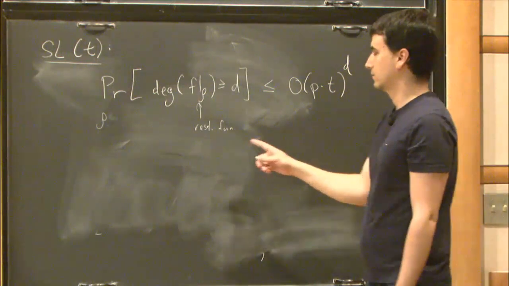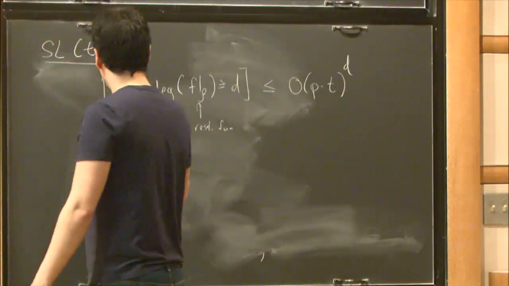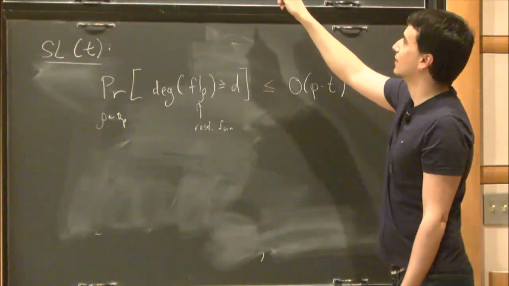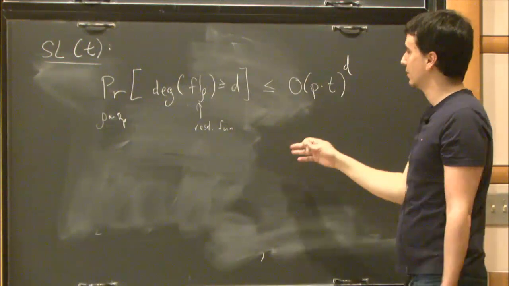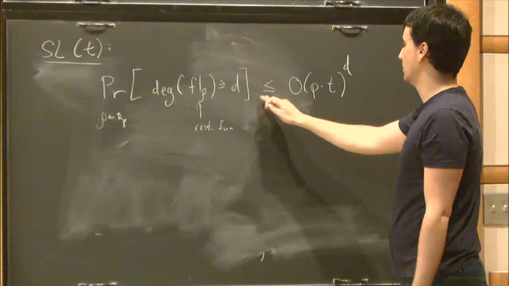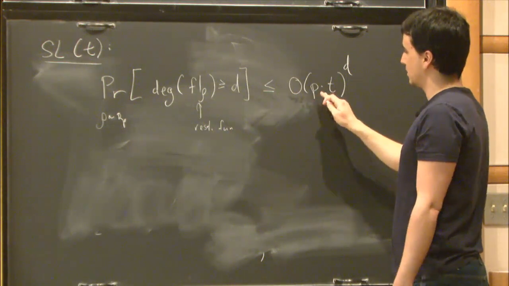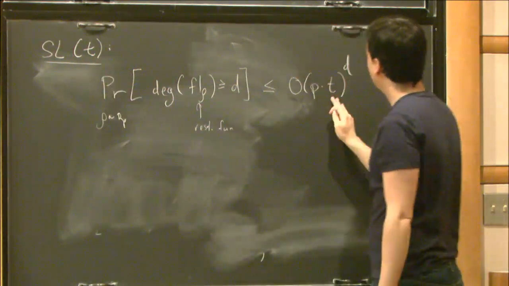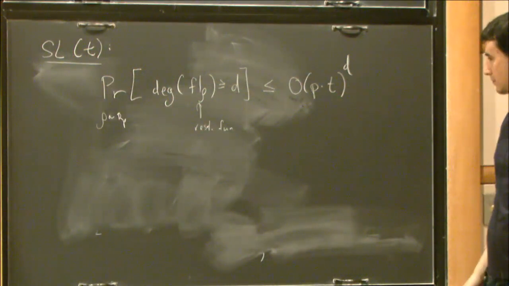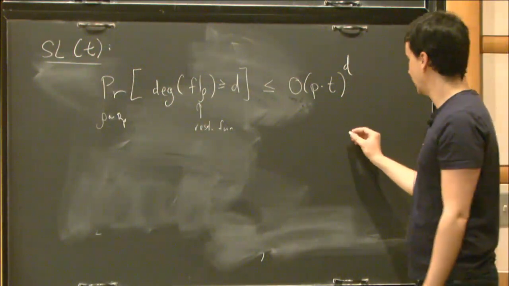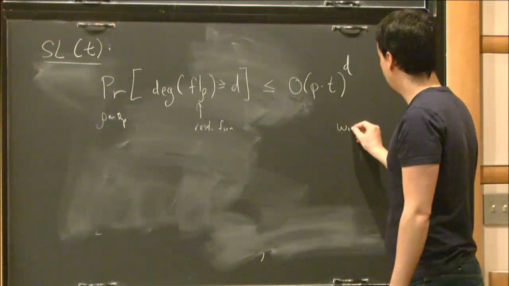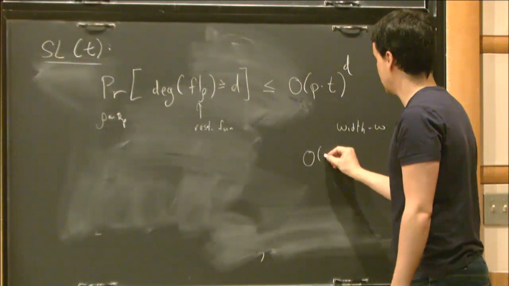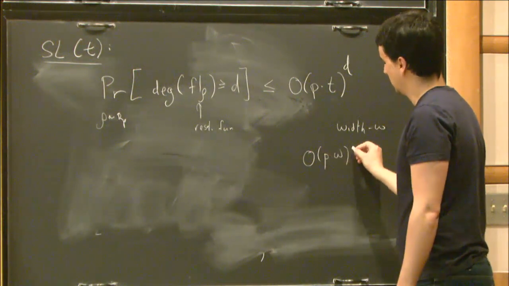Okay, so this is with parameter p. The parameter p tells you how many variables you keep alive. So you want this probability to be some constant times p times t, where t is specified here, to the power of d. For example, with WDNFs, this is a constant times p times w to the d.